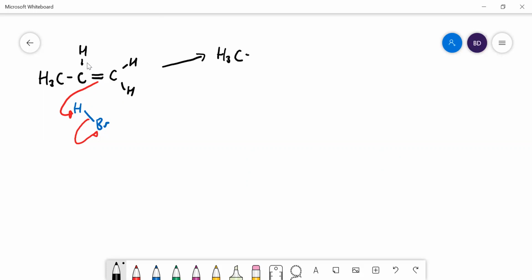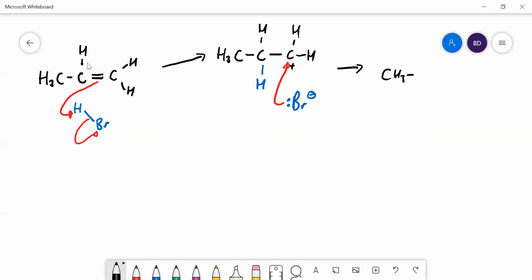We'll have the hydrogen sticking onto the first carbon, and we'll have the carbocation there. That's going to react with the bromide ion. A lone pair from the bromide goes onto there, and you form CH2Br, 1-bromopropane.